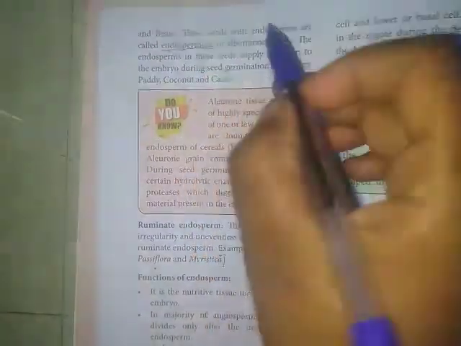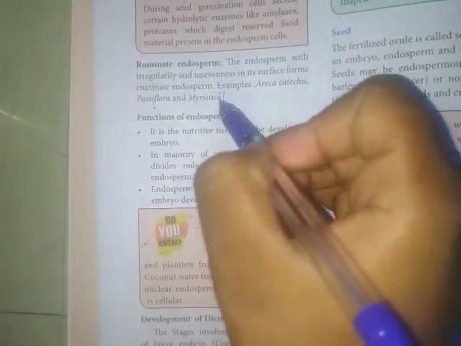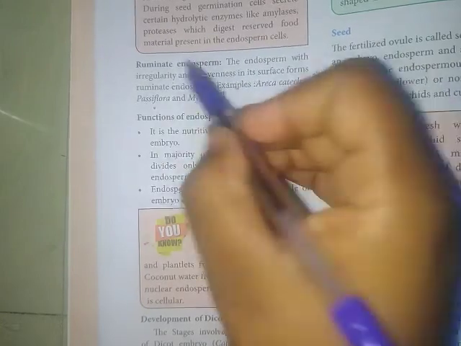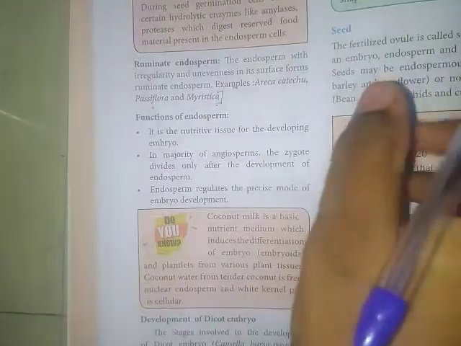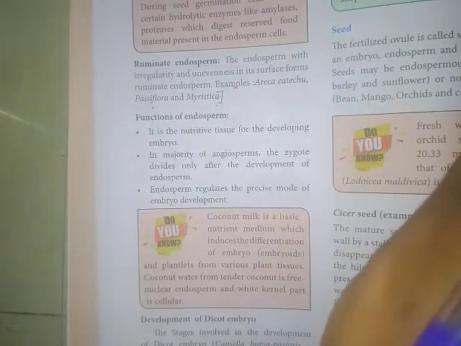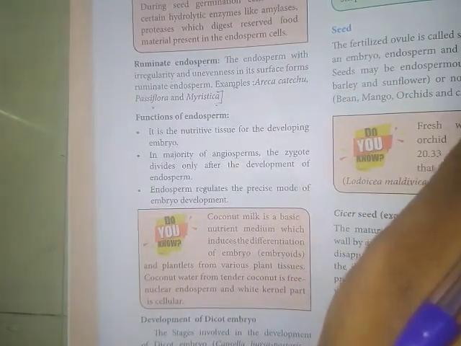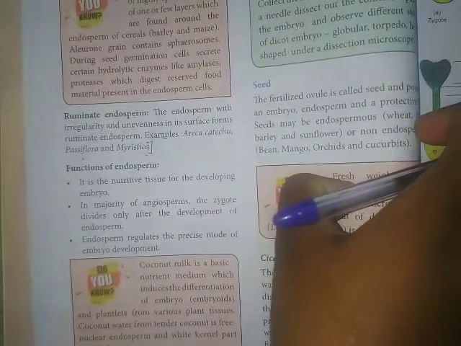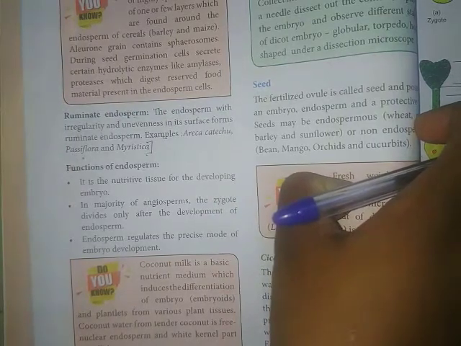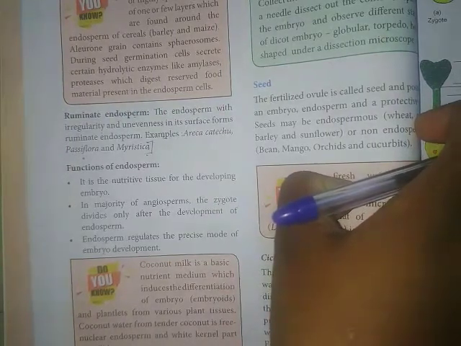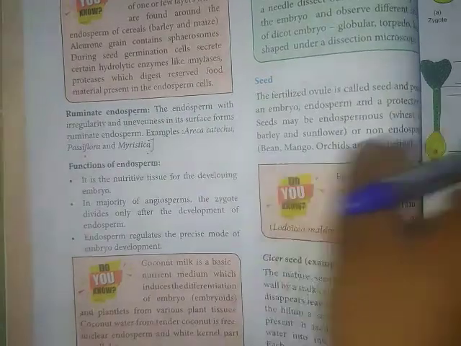So non-endospermous, endospermous, and ruminate endosperm. Till examples for ruminate endosperm. So till this you have to write for the second question for part D. What is endosperm and its types? So we have completed these answers for the assignment for the subject bio-botany. Thank you.